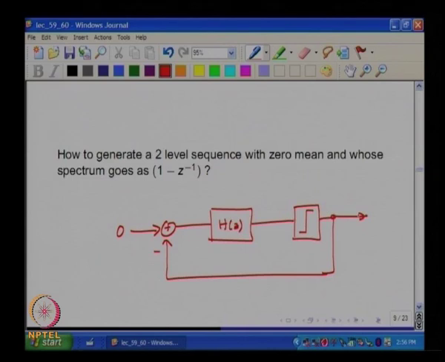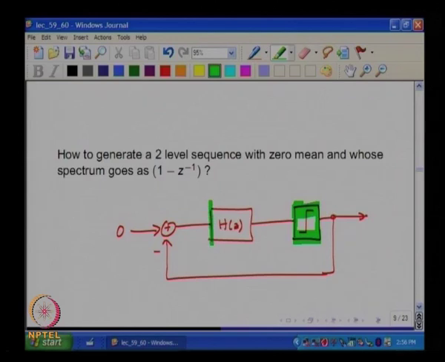So, before we get into more details, I just want you to take a step back and see what we have done here. All I said was we need a 2 level sequence which has some specified behavior at low frequencies. So, the first thing is to say I am going to have a generator which generates 2 levels.